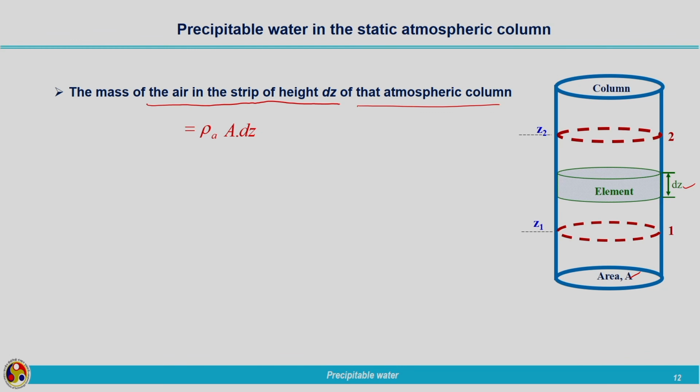Now the next step: we have quantified the mass of moist air. Now we need to calculate the mass of the moisture, or the water vapor, present in that moist air. That water vapor is converted back to precipitation. So what we will do? We have already seen this by means of an important term, specific humidity.